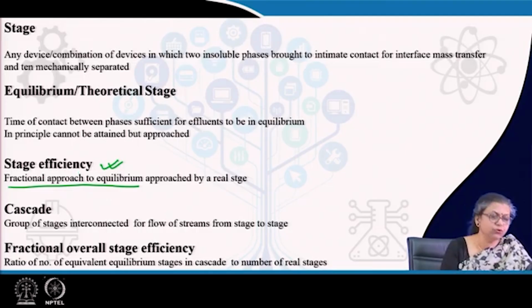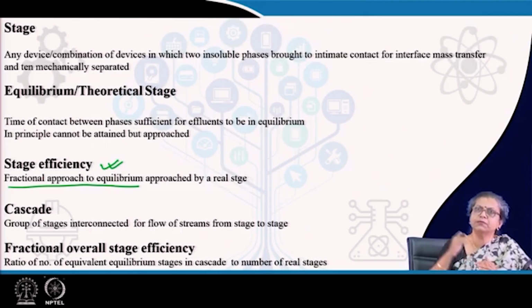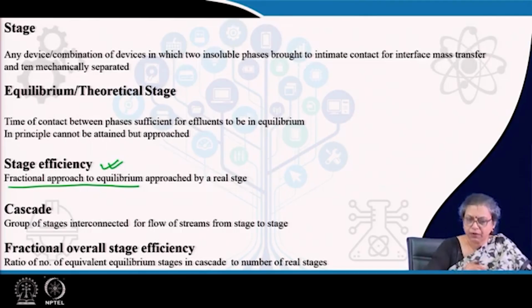Suppose by equilibrium considerations we know that for a benzene-toluene feed comprising say 40% benzene and 60% toluene, the maximum separation that we can get by distillation is say 80% benzene, but we need say 99% benzene. How do we do it?